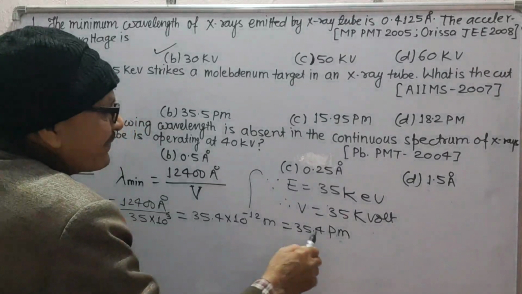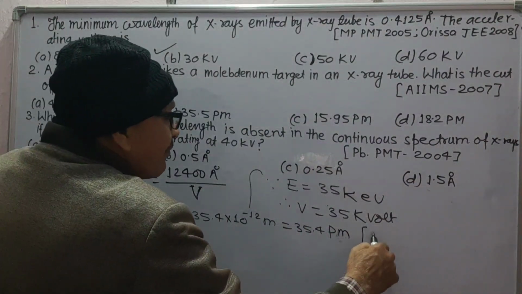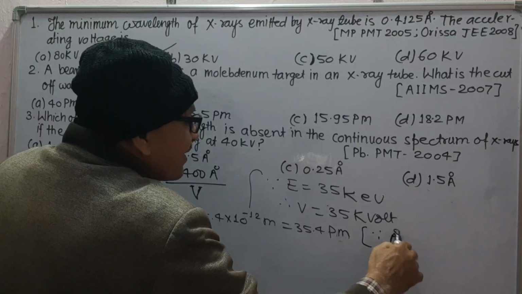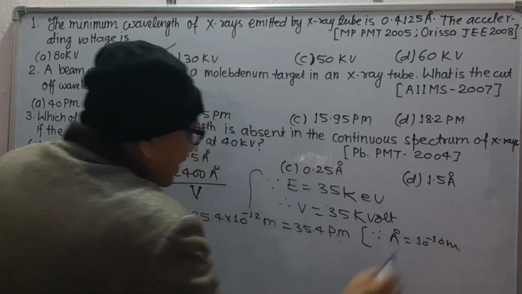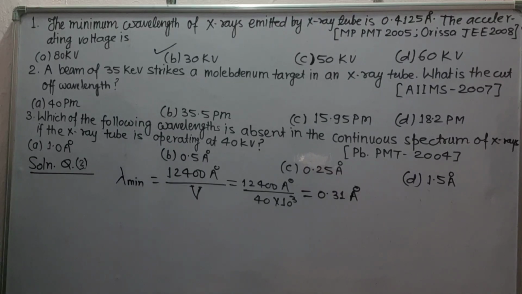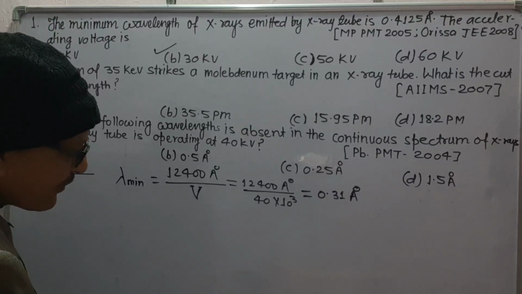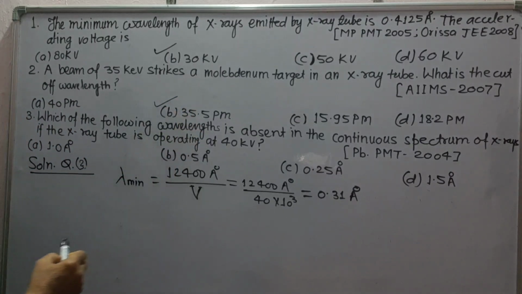So, it will be 35.4 picometer, because 1 angstrom is equal to 10 to minus 10 meter and picometer is 10 to minus 12 meter. So, the correct option will be 35.4 picometer, that is B is correct.